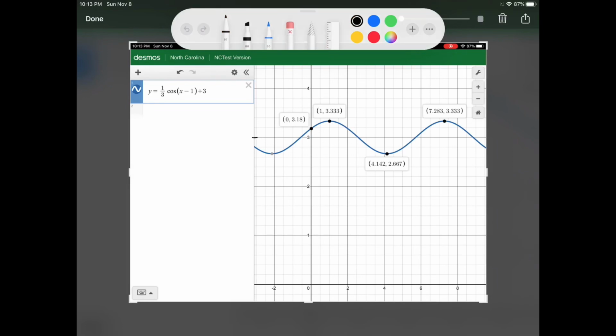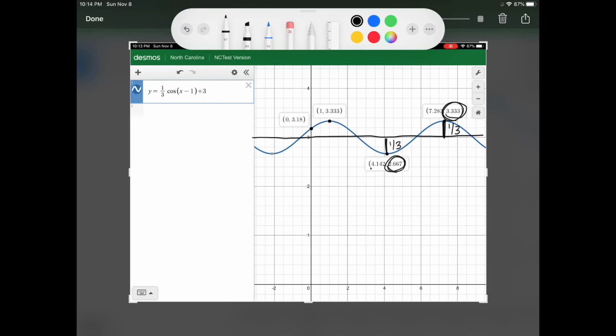So we said the midline was at 3, which I think we all can agree that's going to split that in half. And we said the amplitude was 1/3. Well, if my midline is at 3, and then I am going up to 3.333, that means this is 1/3 because I'm adding 1/3 to 3. Or if I'm going down 1/3, I would be subtracting that, which would give me 2.66. So I still have an amplitude of 1/3.